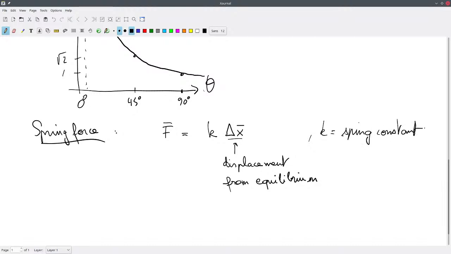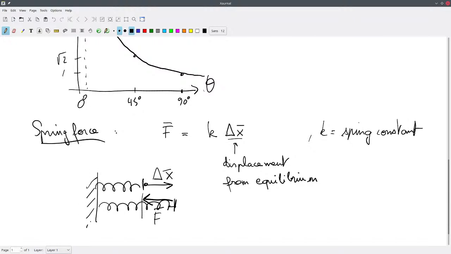And the direction will be such that if the displacement points in one direction, let's say I have my spring, which has an equilibrium position here, well, I stretch out the spring until it's this long. So my displacement delta x is in this direction towards the right. That means the force will be in the opposite direction because it will try to restore that spring to its original length.